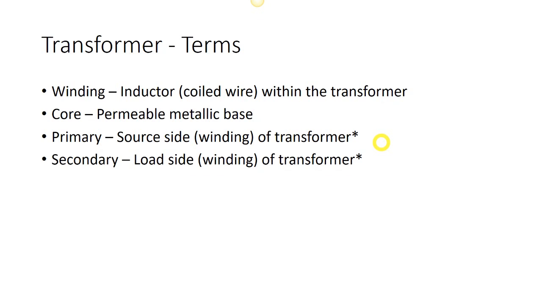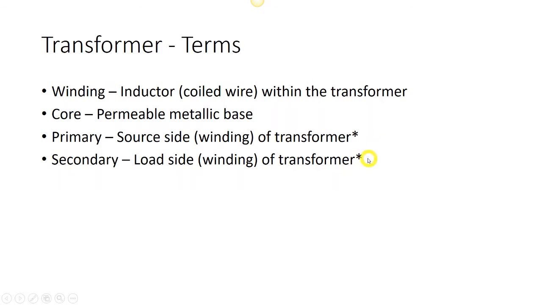And then the secondary winding is going to be the load side. It's going to be what gets acted upon. The primary winding is the actor. It's producing the magnetic field, and the secondary winding will be the consumer. It will tie to the load, but it will be the one that's consuming that magnetic field, and it's either going to be a step up, step down, or isolation transformer.